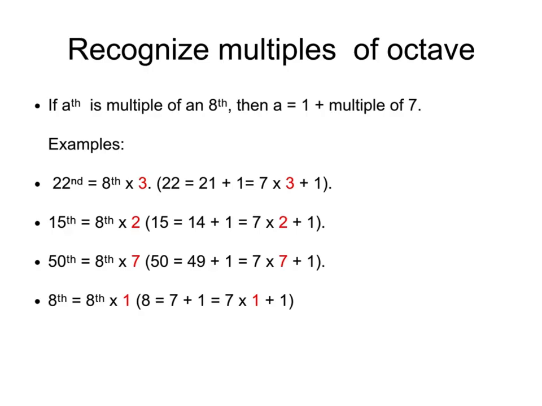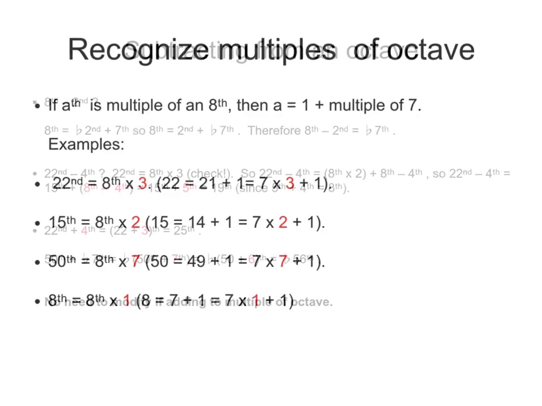The length of a multiple of a seventh will always be 1 more than a multiple of 6. The length of a multiple of a fifth will always be 1 more than a multiple of 4, etc. But the one we need to worry about here is the octave. They're all easy to recognize, and you can look at the examples. And remember, you can always pause.